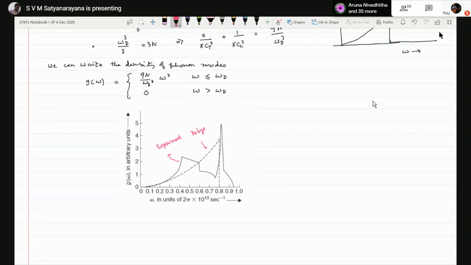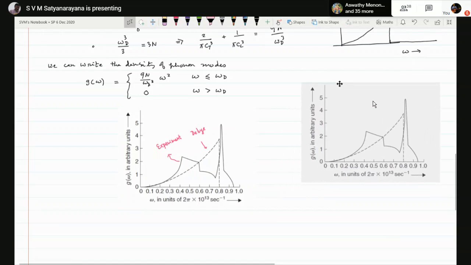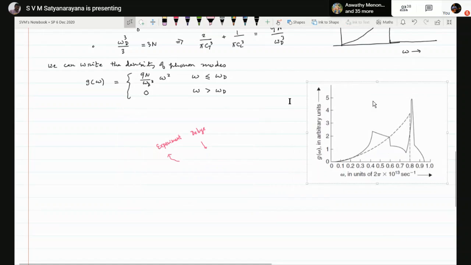These non-differentiabilities in the density of states carry an important message. People in solid state physics try to get information about these singularities, which are useful in predicting some results. Okay, so that is one thing.